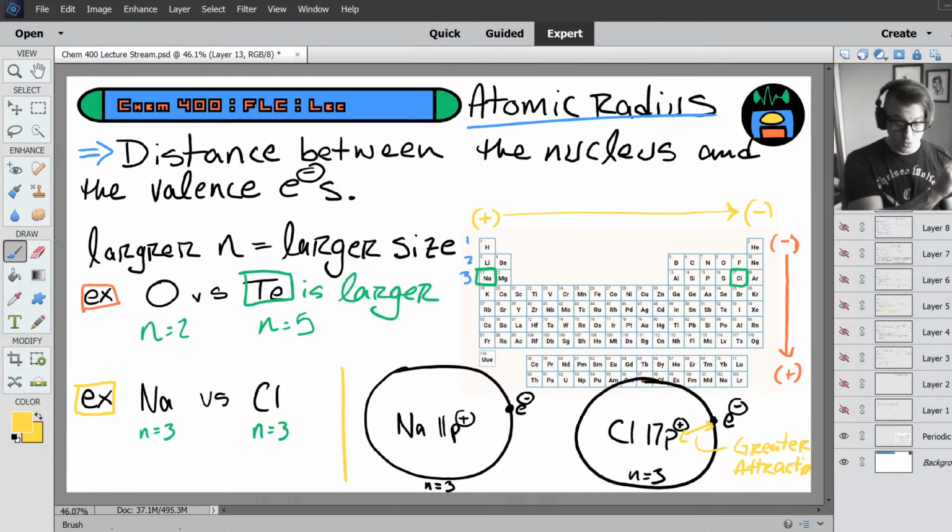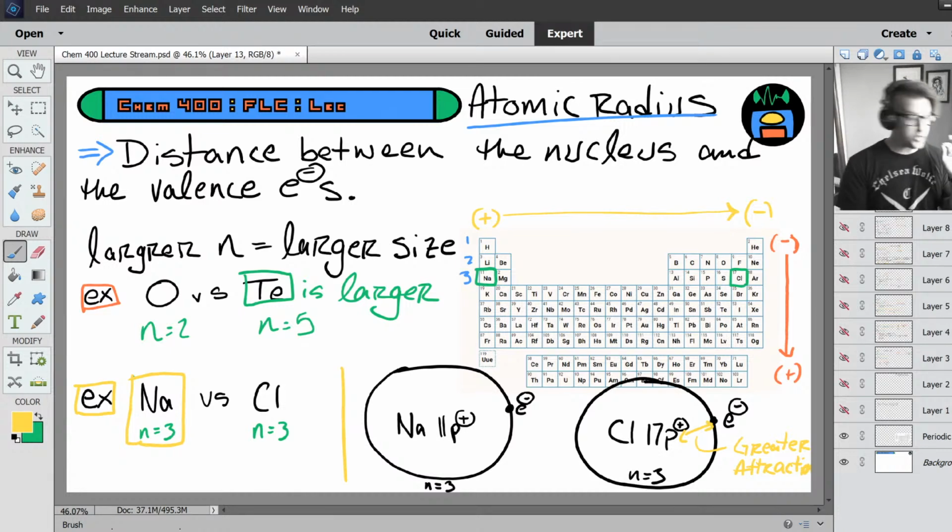So as you move across a period from the left side to the right side, your atomic size, your atomic radius gets smaller. So because sodium is further to the left, sodium is larger. It's the larger of these two.